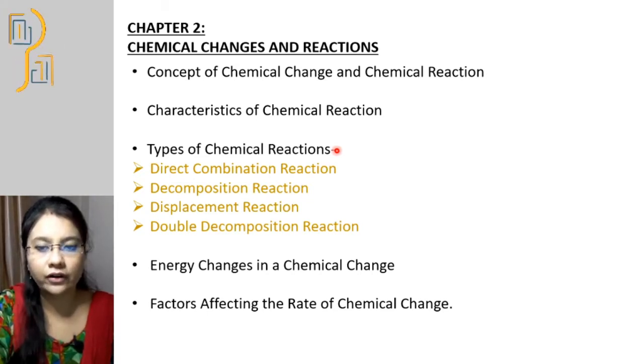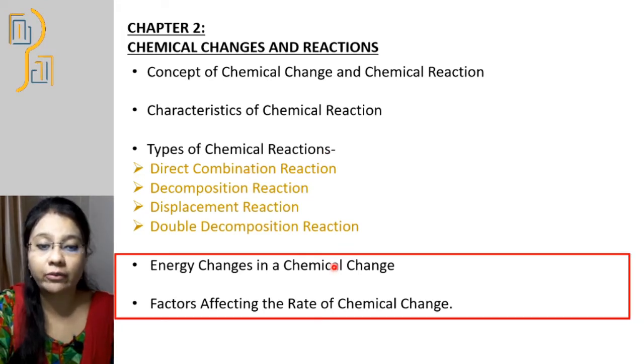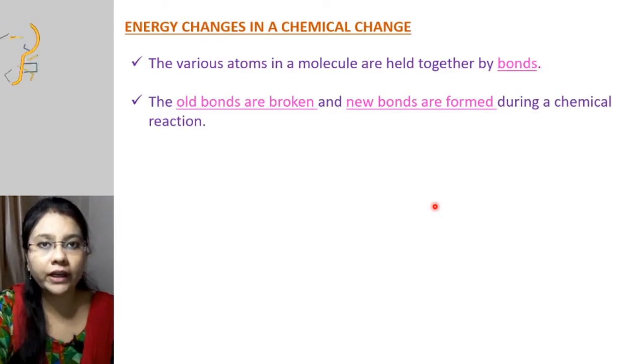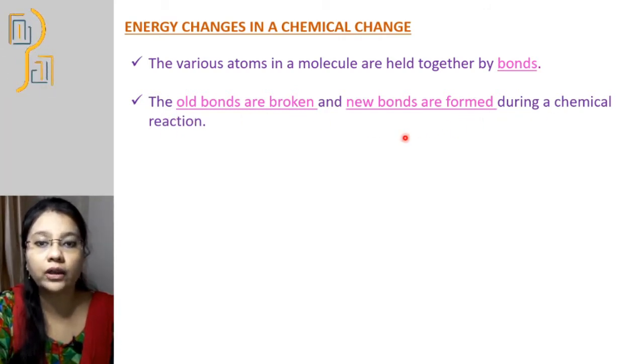Today we will cover the energy changes in a chemical change and factors affecting the rate of chemical change. We have already come to know from our previous episodes that various atoms in a molecule are held together by bonds, and the old bonds are broken and new bonds are formed during a chemical reaction.